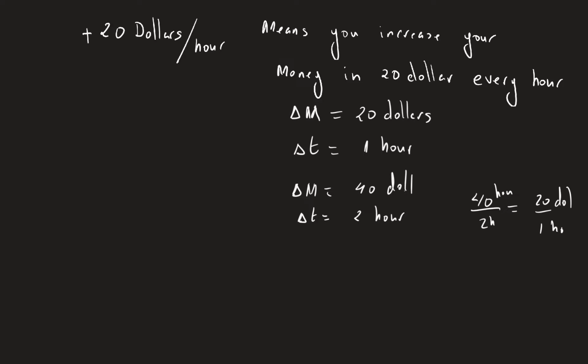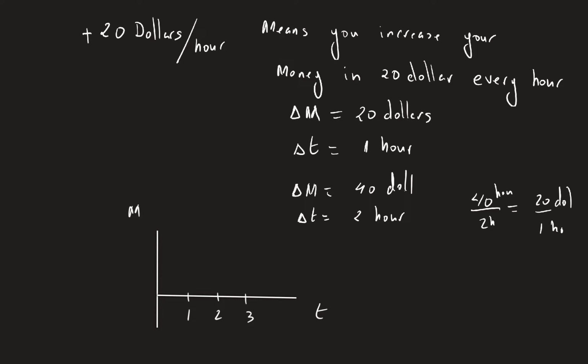So now we need to start with some initial conditions. What is the initial condition? The initial condition is that you have some money. Let's say that you have $100. I represent the money on the vertical axis and the time on the horizontal axis: 1 hour, 2 hours, 3 hours.